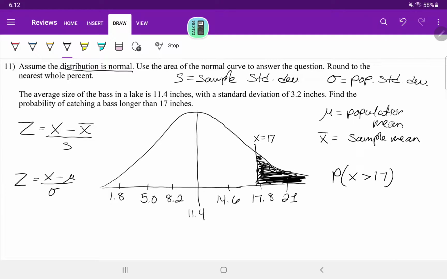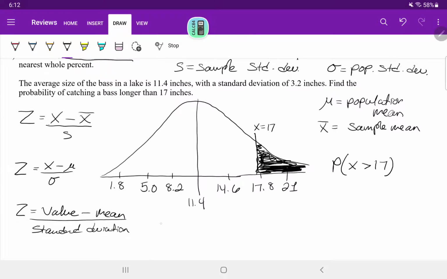So I'm going to write it also in words: z equals the value under examination minus the mean, divided by the standard deviation. Let's find that z-score. Z is equal to 17 minus the mean, which is 11.4, divided by my standard deviation, which is 3.2.